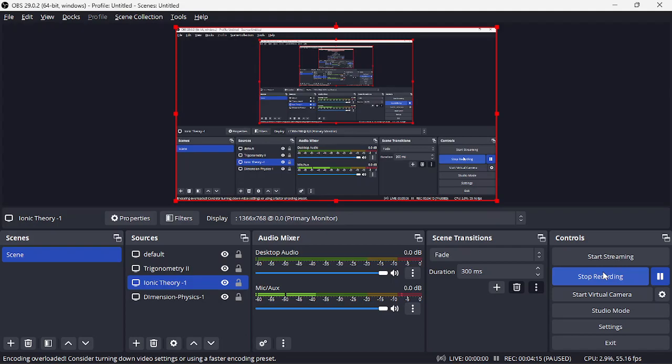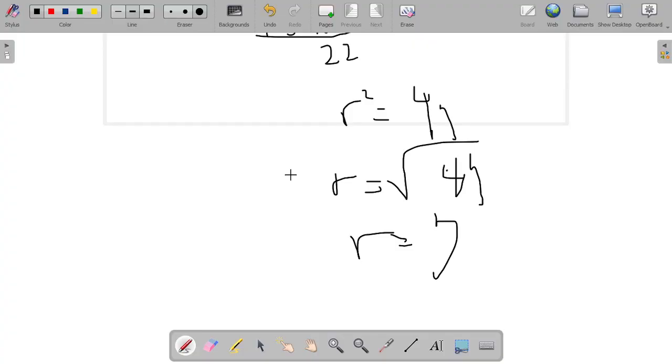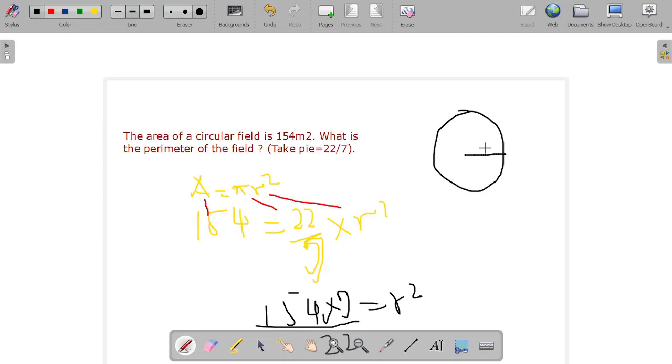So now, since the radius of the circle is 7, we have the circle here with a radius of 7, and we have to find the perimeter of the field. The perimeter is given by 2 pi r.